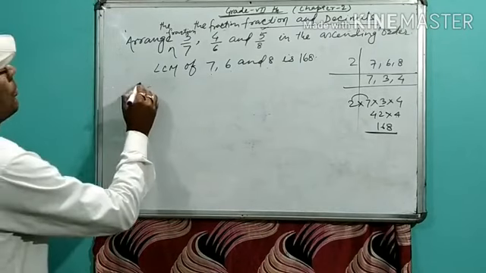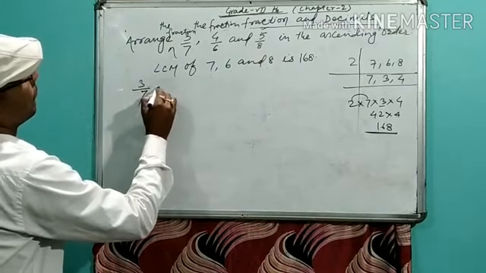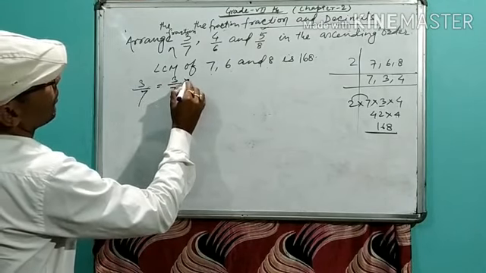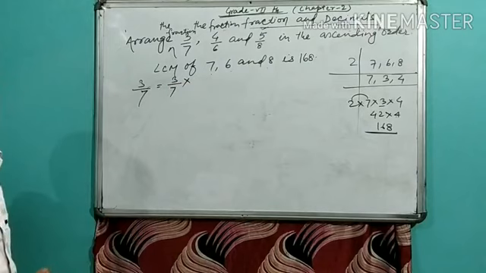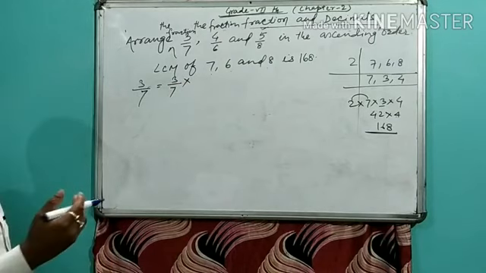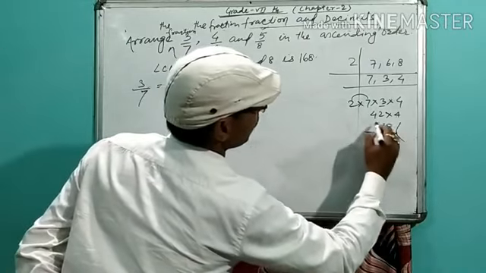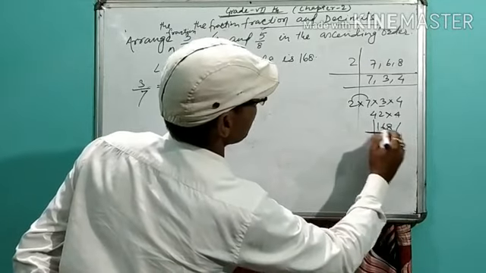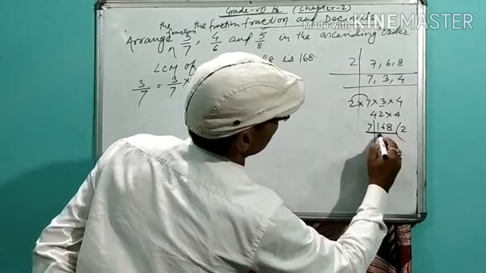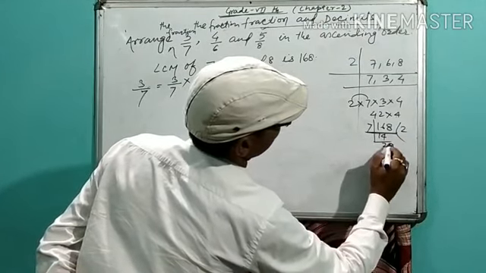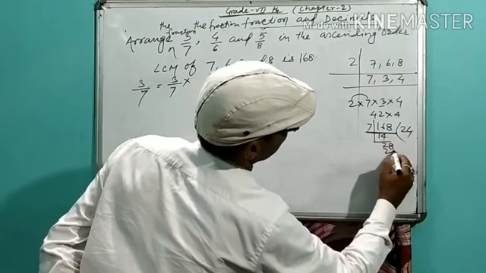Now 3 by 7. You have to make the denominator the same. How can you guess? You will divide 168 by 7. 7 twos are 14, 7 fours are 28, so 24.